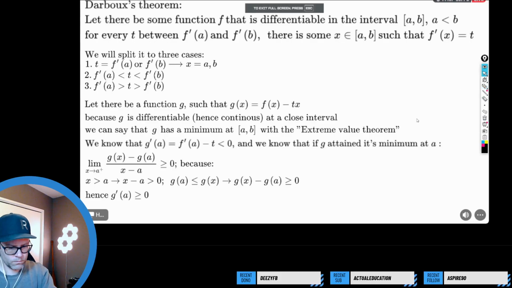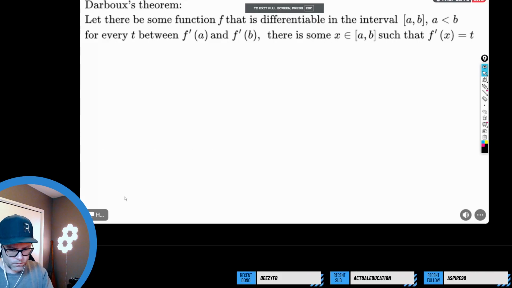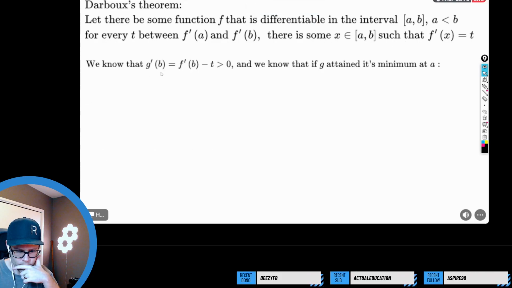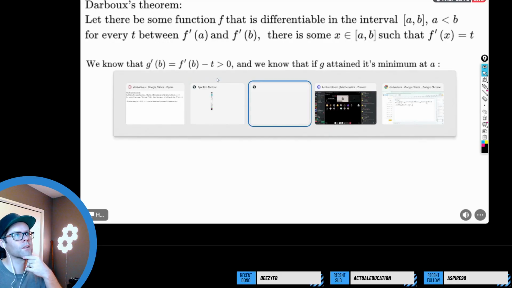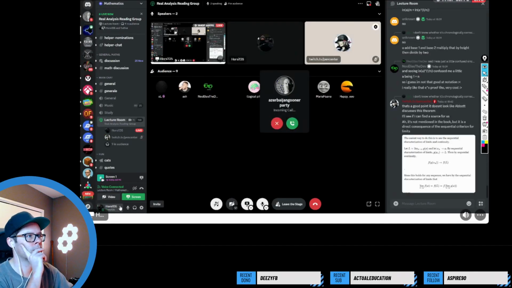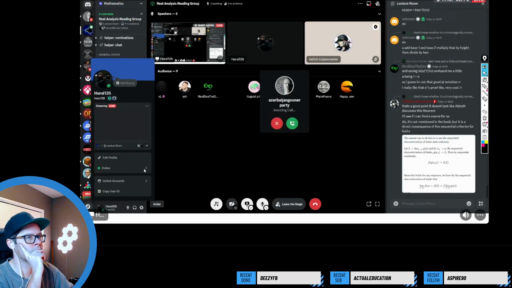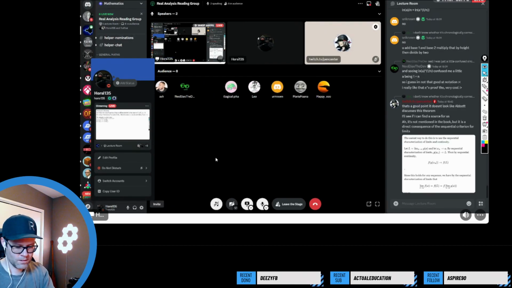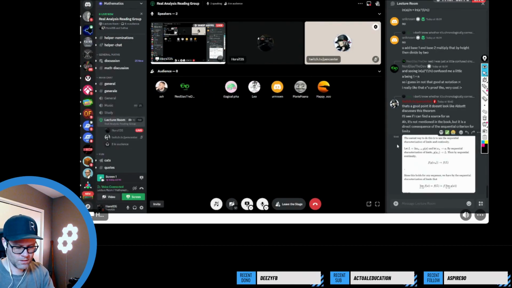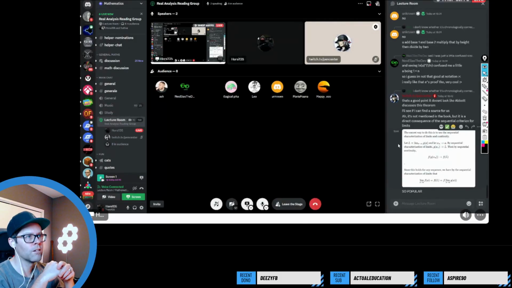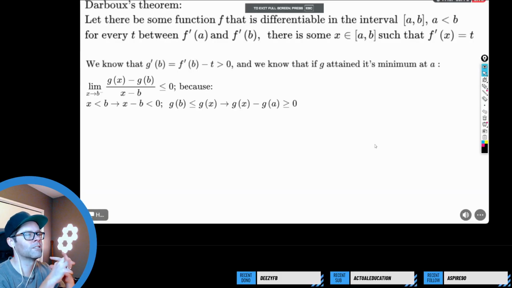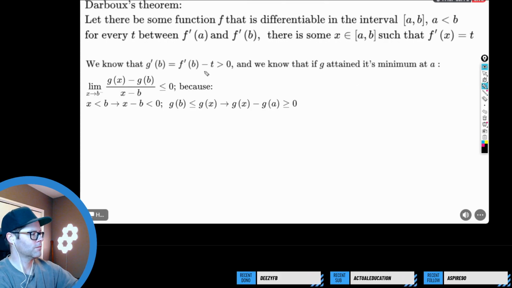And if we do the same thing at b, we know that it is larger than 0.